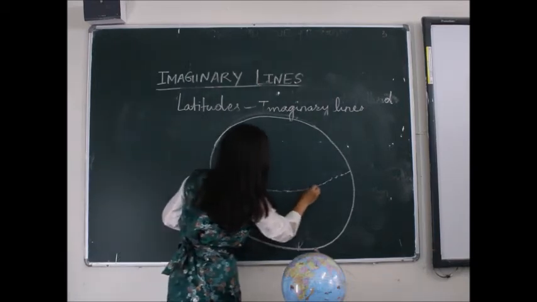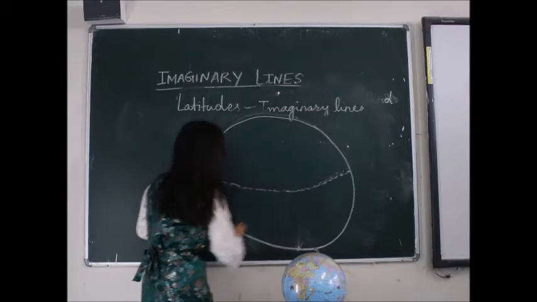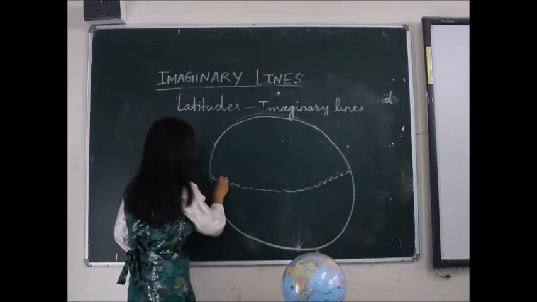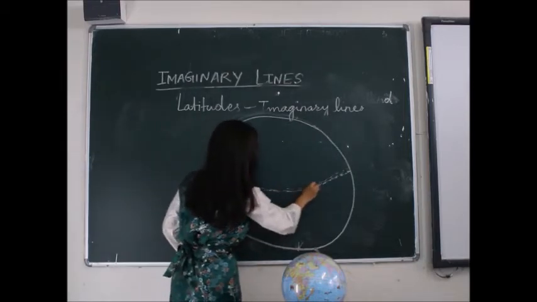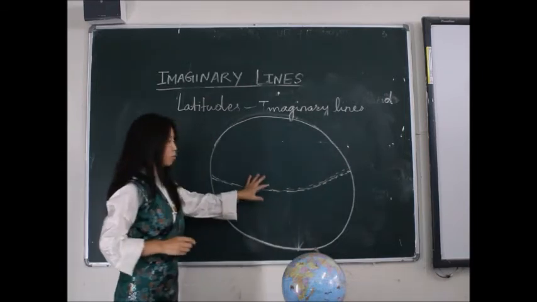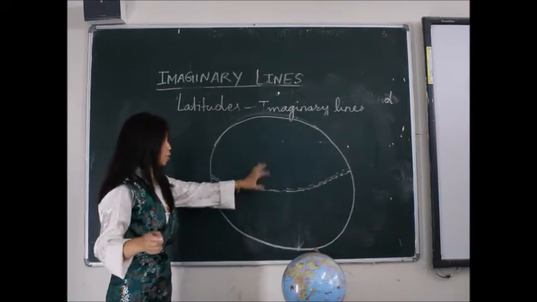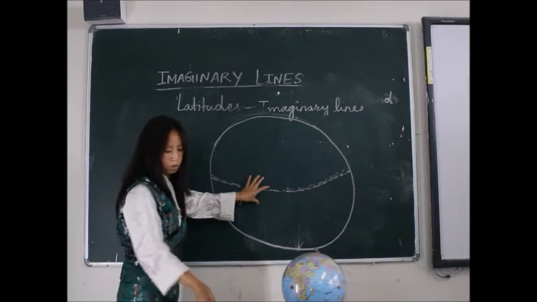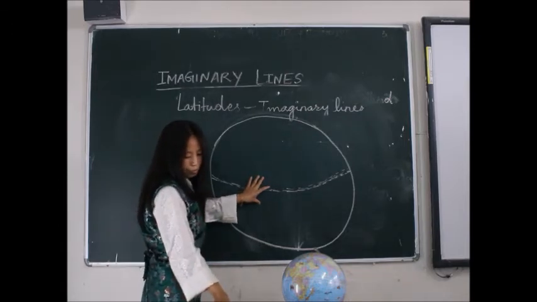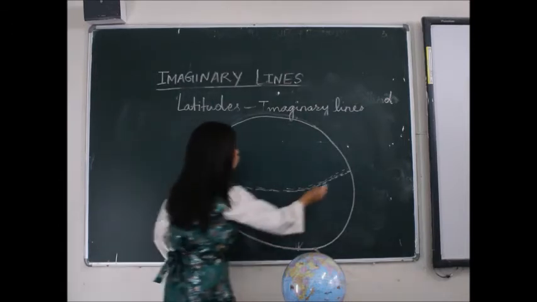See, this is a latitude. They are semi-circle kind of thing. They are like circles, actually they are not lines also. Imagine latitudes are like circles, semi-circles. They move from east to west.